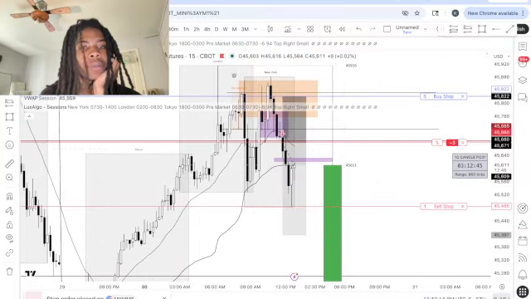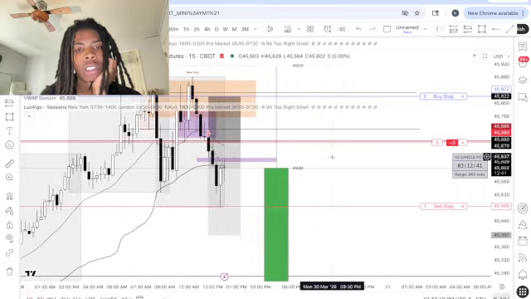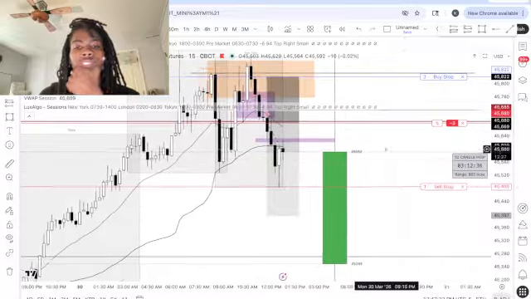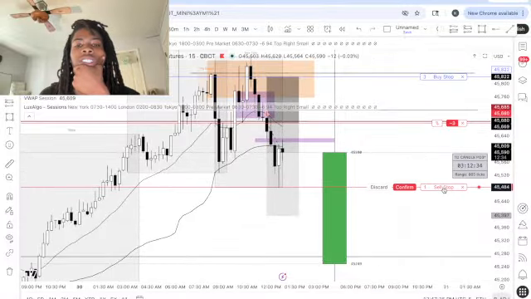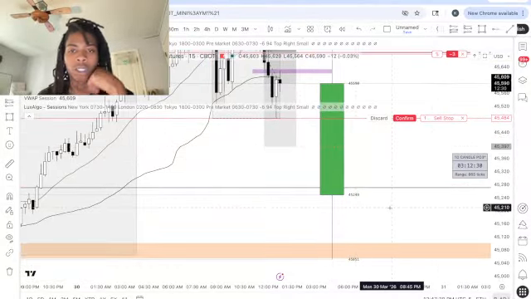And then we'll mark out, or we don't even gotta mark it out, it's already on the screen. So yeah, we'll scale in at these lows. We'll close half at TP, and then we'll start trailing the rest.